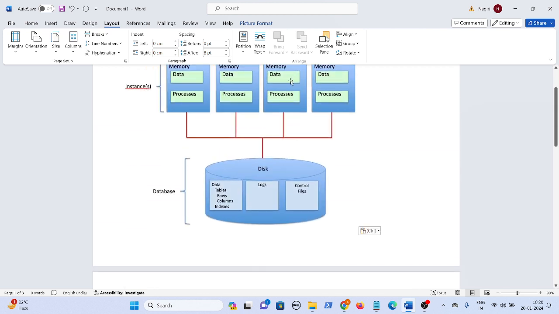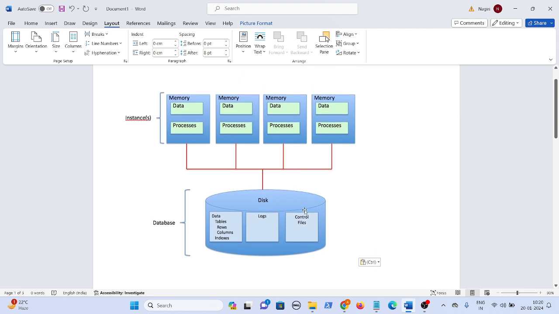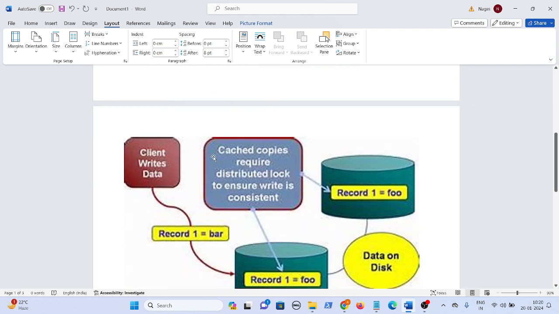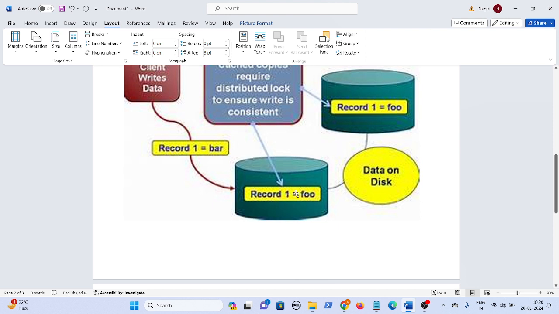Whenever these machines get a request, they load the value from the disk and store it in their local cache, so that they need not request the disk every time, because reading from the disk is a costlier operation, right? So to avoid the overhead, these machines request the data from disk and load it in the cache.